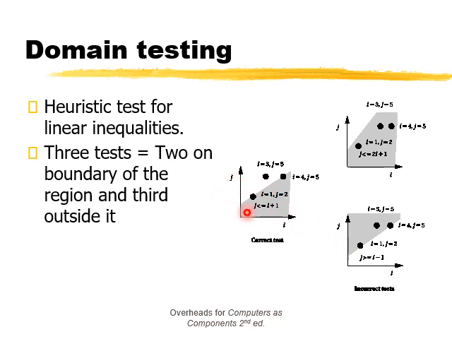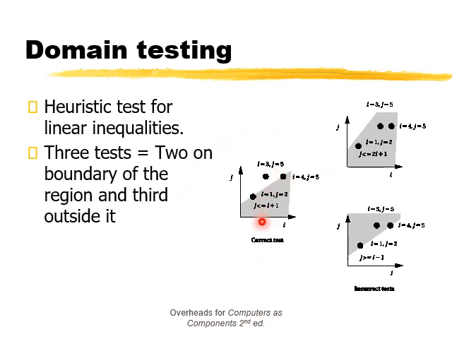We test the inequality with three test points. So these are three test points in every scenario you can see. Two tests are on the boundary of the region and the third is outside. As you can see, this is our correct test because two are inside and one is outside.